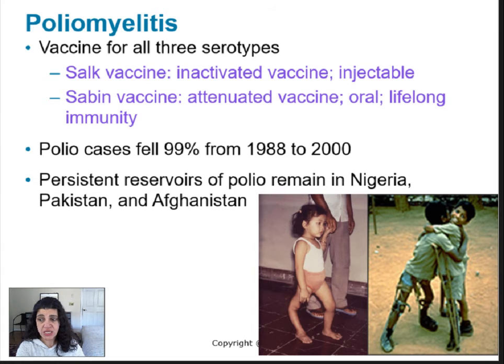The other 72% are going to be asymptomatic. And the paralysis that leads to permanent disability is just in 1%. About 2 to 10% of the people who have that paralysis have breathing issues.